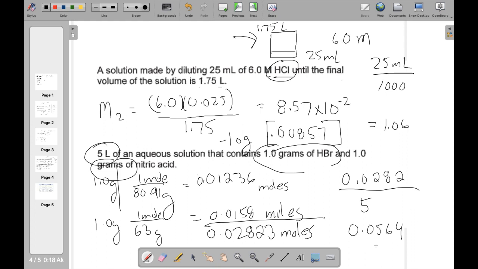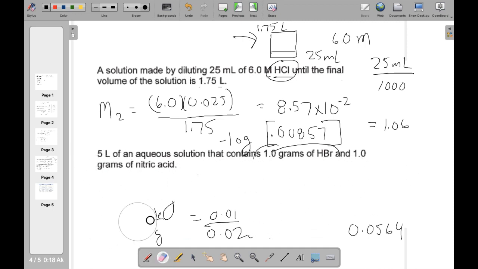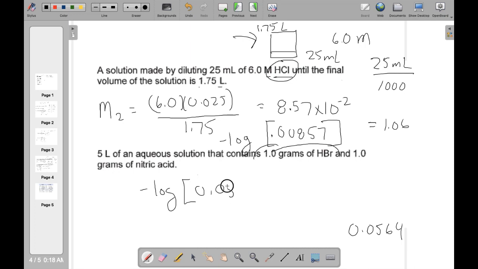So to get pH, I now use minus the log of this concentration, and I should have an answer after all that effort. So let's do that. Minus the log of 0.0564 equals, oh, I'm sorry, 0.00564.